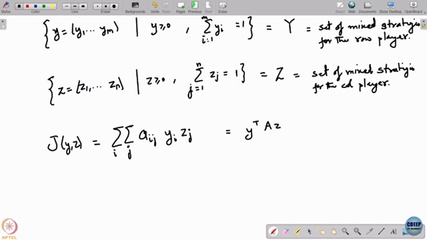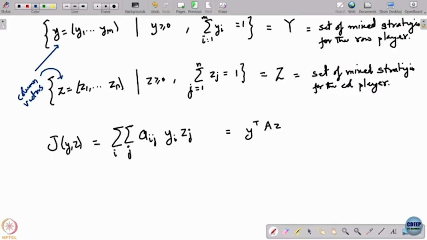So I can think of these two, capital Y and capital Z, as column vectors. If these are column vectors, then this sum can be written in this form: y transpose Az. Is that clear?